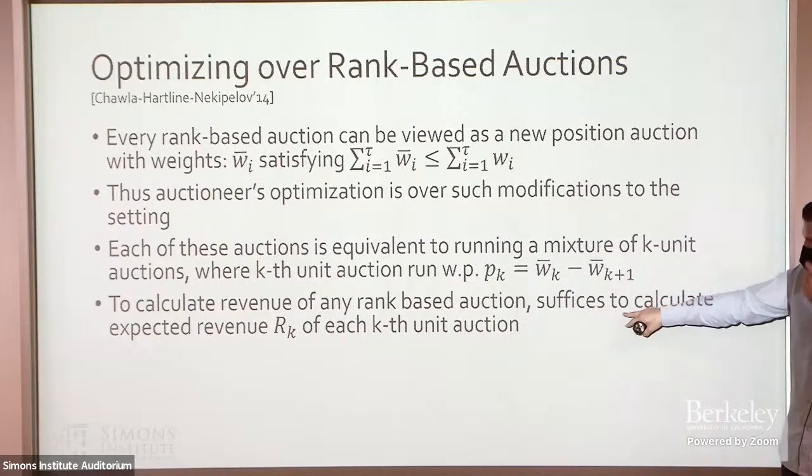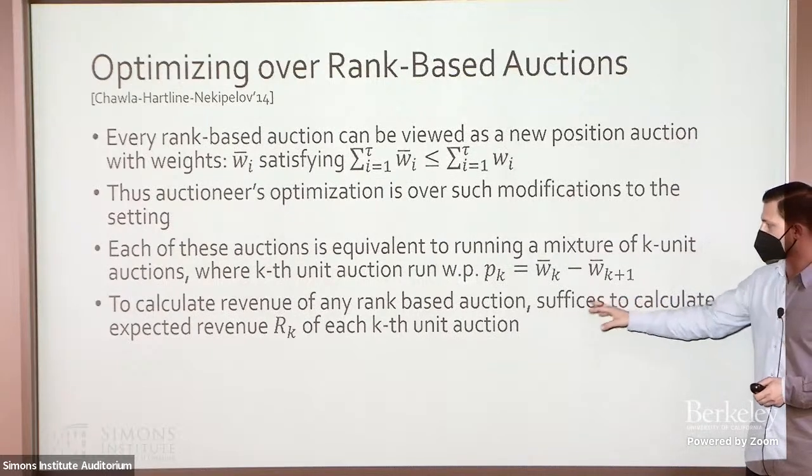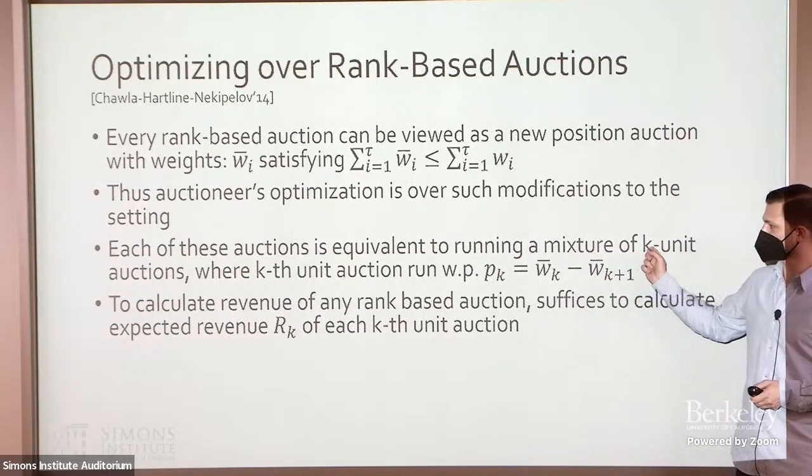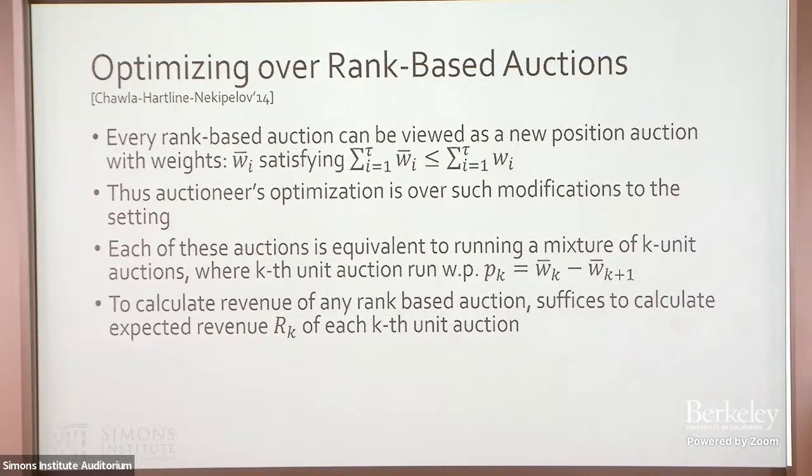And so the question is to calculate the revenue of any rank-based auction. It's equivalent to calculating the revenue of any such k unit auction for the distribution of values of the players in the setting. So we decompose the revenue of any rank-based auction into mixtures over revenues of k unit auctions, and it suffices to calculate the expected revenue RK of each of those k unit auctions.